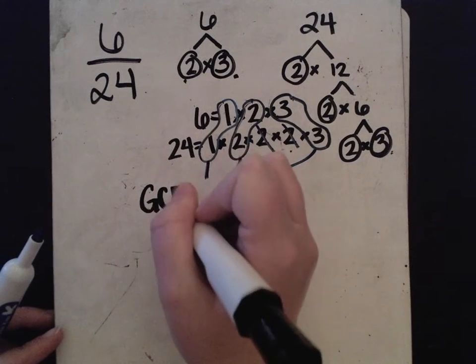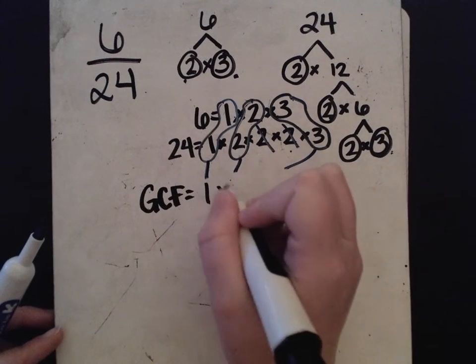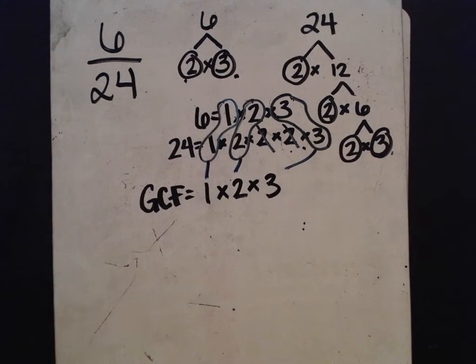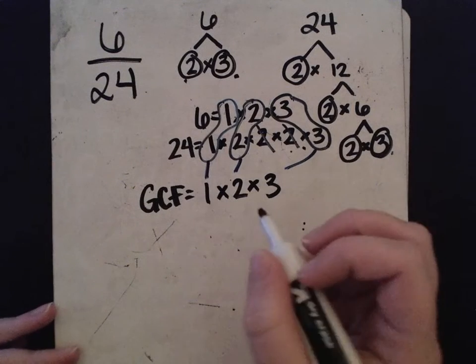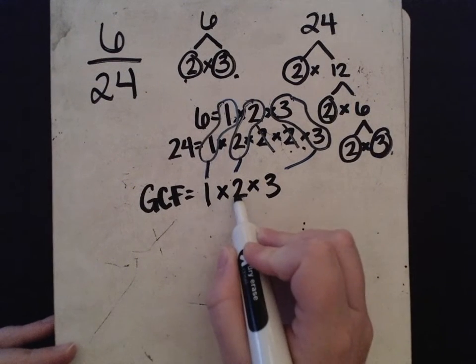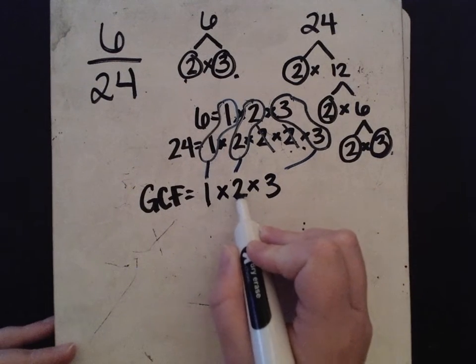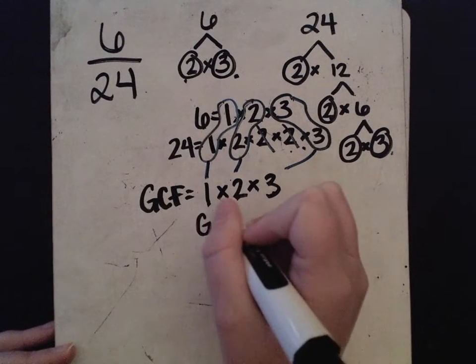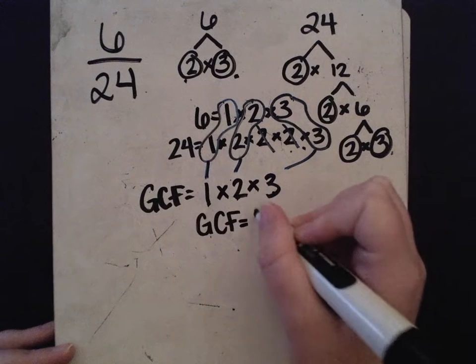So GCF equals 1 times 2 times 3. And now I can just multiply from left to right. GCF equals 1 times 2, which is 2. 2 times 3, which equals 6. So your GCF equals 6.